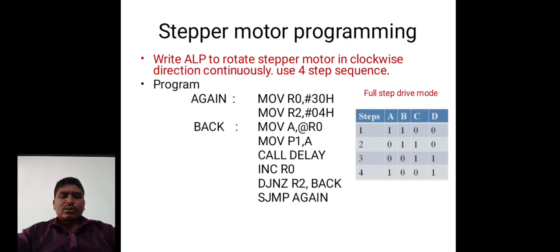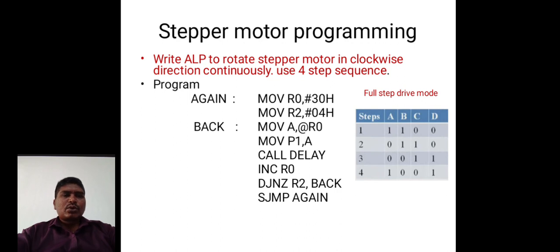Again you have to check how many sequences have been transferred, that means decrement R2. Starting, it holds the value 04. After executing sequence 1, we decrement R2 and it comes to 03.